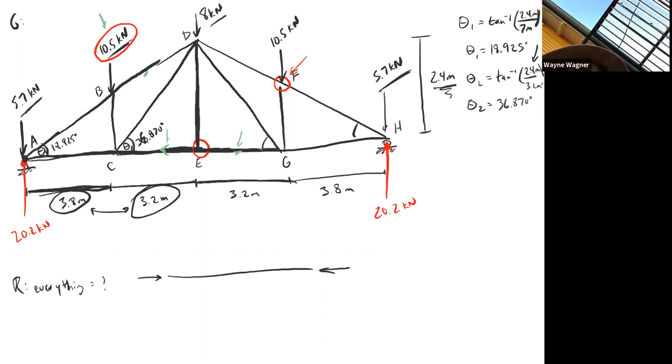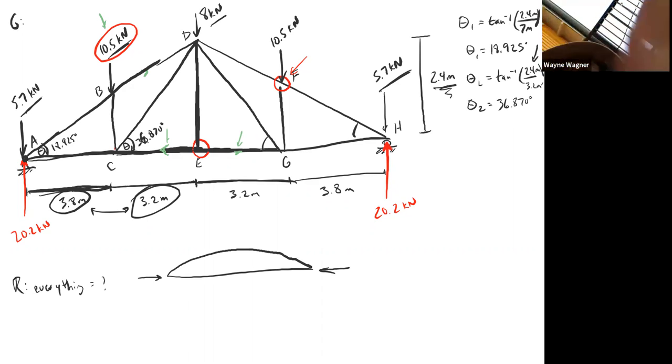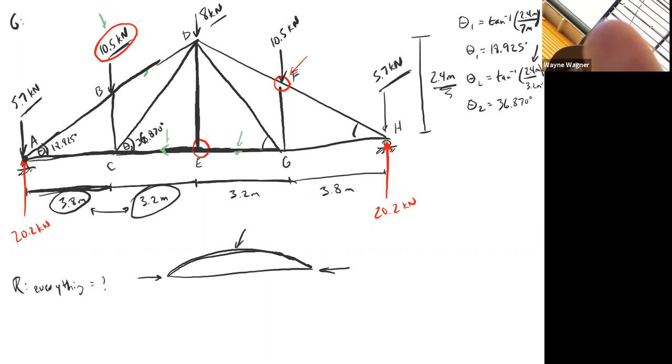This is when you start getting into the internals. For this beam to fail, it can technically crush, but it can also bend. If you imagine this was a yardstick and you squeezed it, you can imagine it bowing out and then splitting right in here somewhere, right?